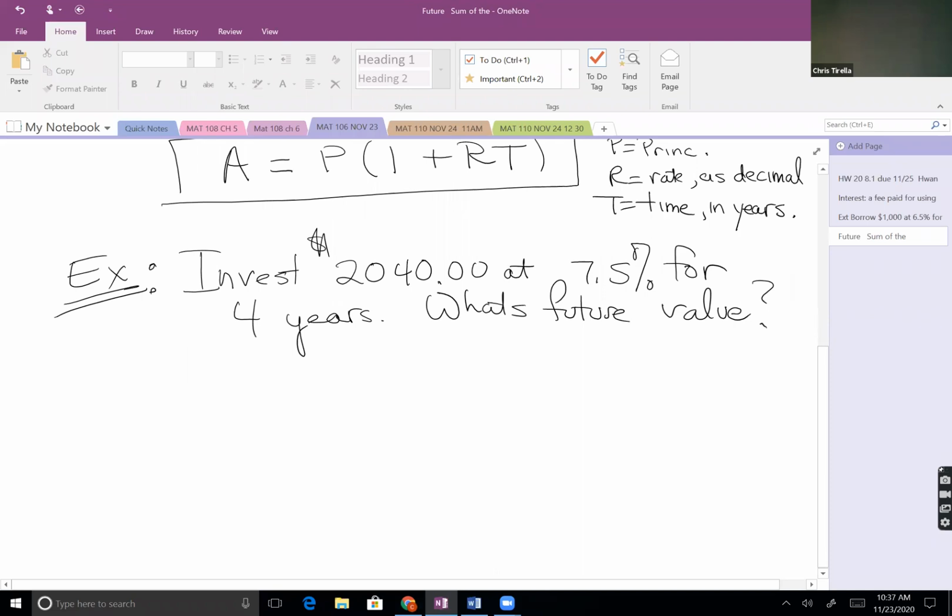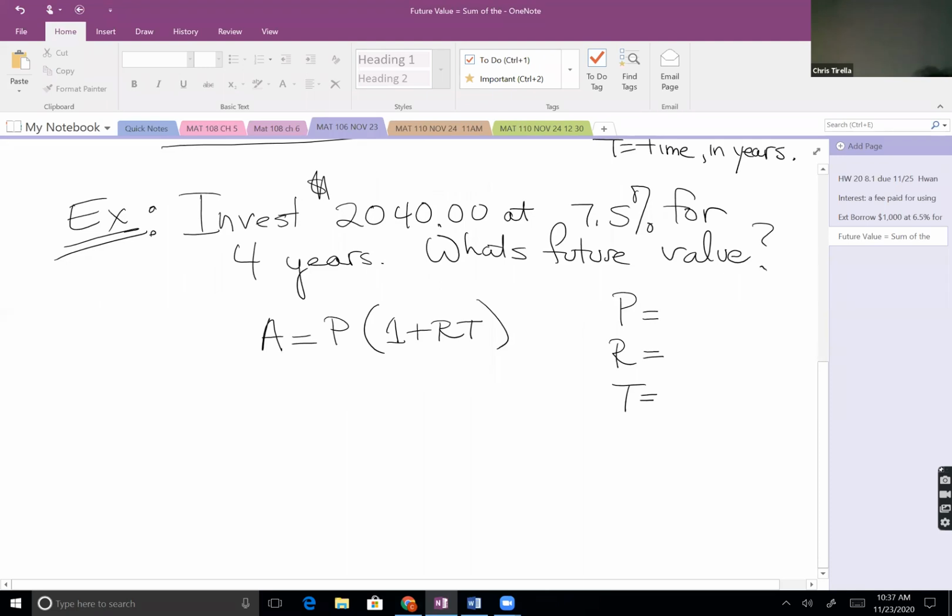And again, minimum work that I want to see when you do a problem like this is I'd like to see the formula that you use. And I'd like to see a list of the values that you substitute. And I want to see your substitution.